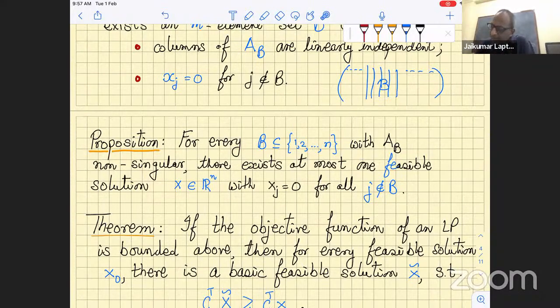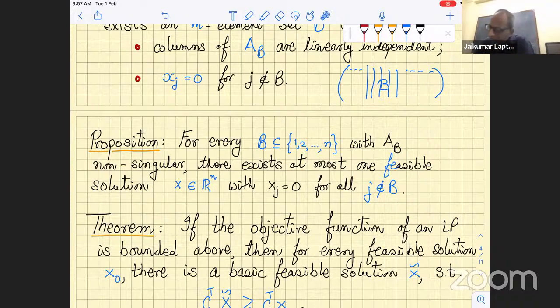Then there exists at most one feasible solution which is supported on B. That is, all the non-zero entries of the solution appear on B. And the reason is that you can throw away the other columns and restrict yourself to just the columns in B.